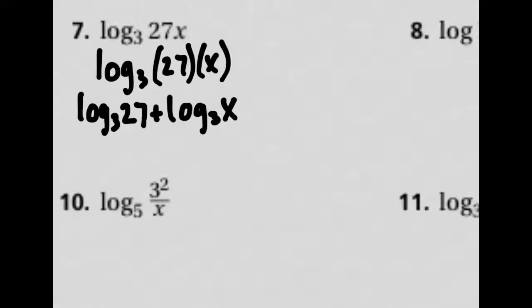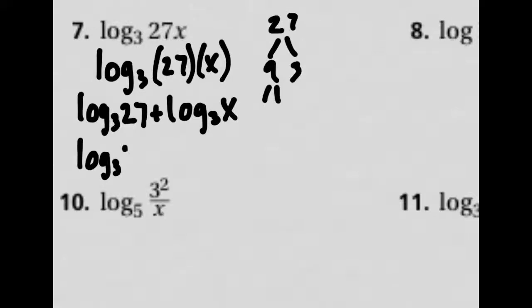You can take that even further. If you notice, 27 is the same thing as 9 times 3. Let's make a factor tree for that. 27 is 9 times 3, and 9 is 3 times 3. So 27 is really 3 times 3 times 3, right? 3 cubed. So instead of writing 27, I can write log base 3 of 3 cubed plus log base 3 of x.